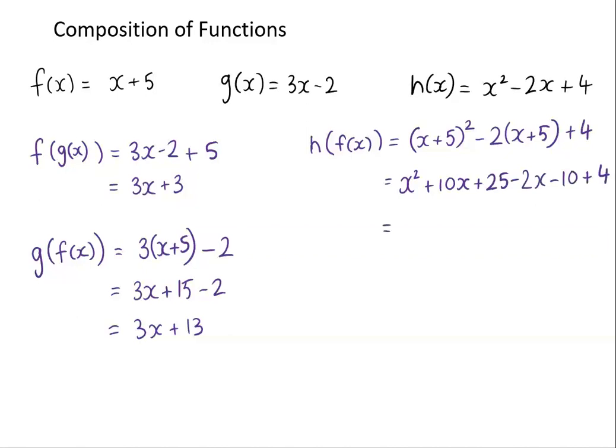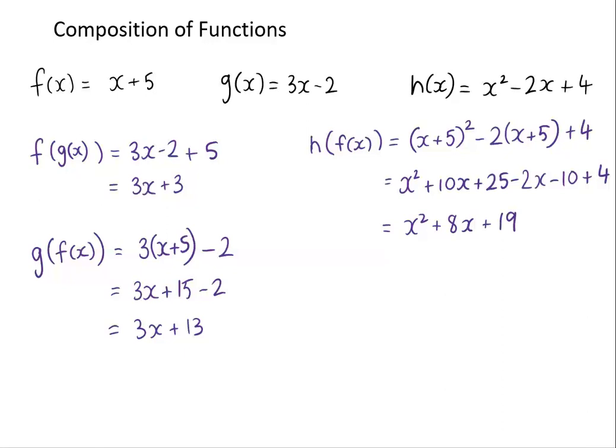Then we collect up our like terms. We have x squared, 10x minus 2x is going to give us positive 8x. 25, take 10, 15, plus 4 will be plus 19. So we've substituted our f function into our h function.